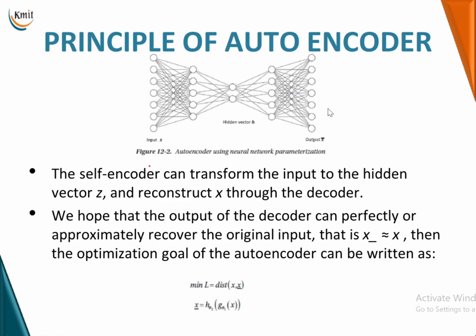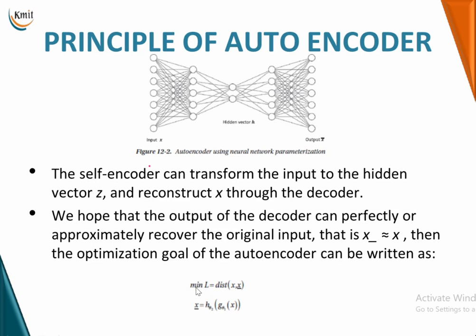So the autoencoder can transform input to a hidden vector h, z, and then reconstruct x through the decoder. Now we hope that the output of the decoder is perfectly or approximately very similar to the original input, but of course there will be some errors.